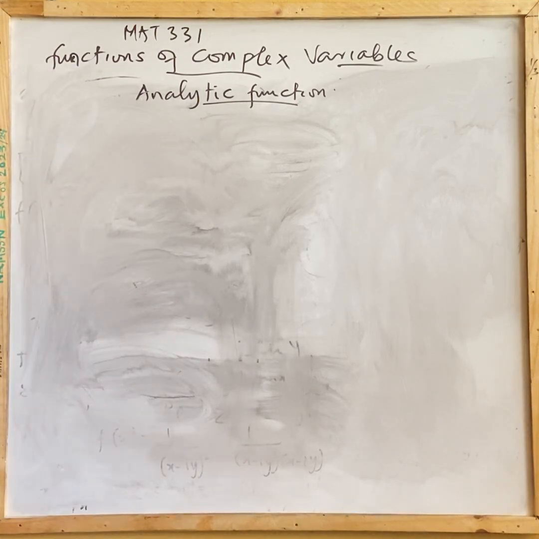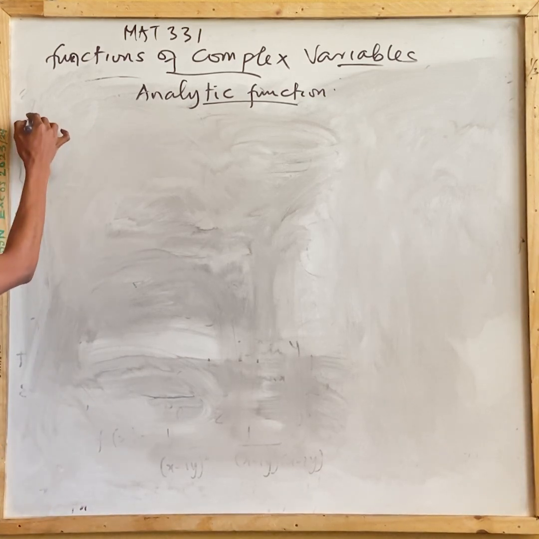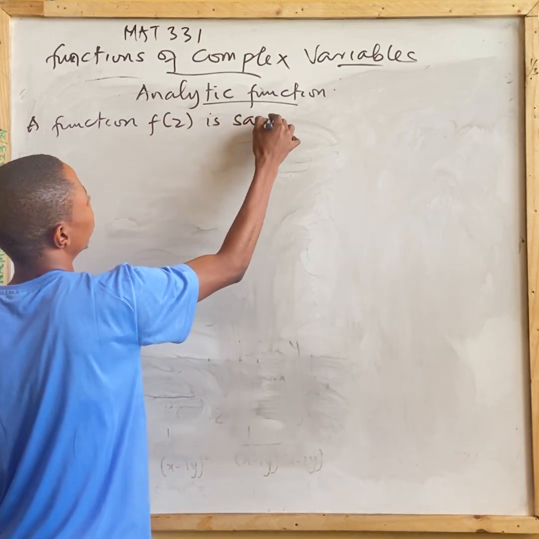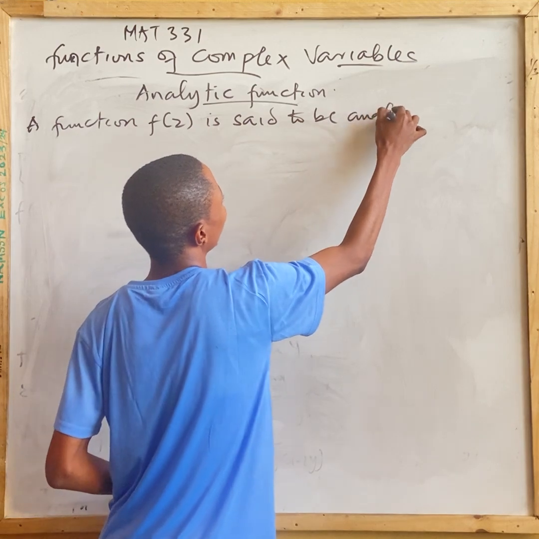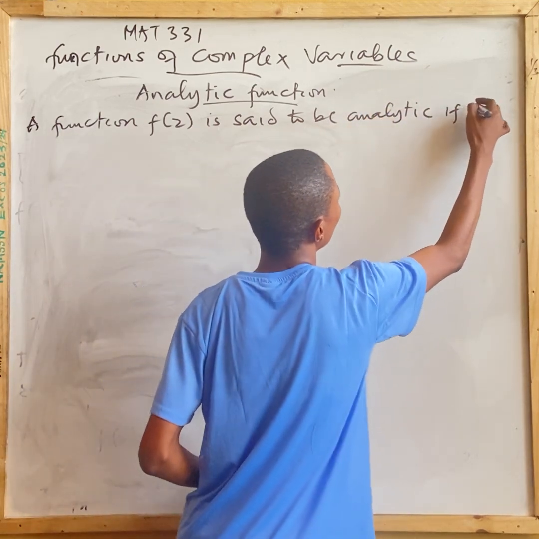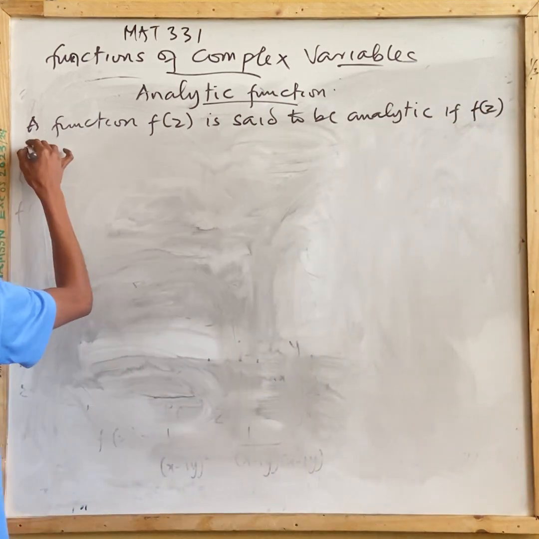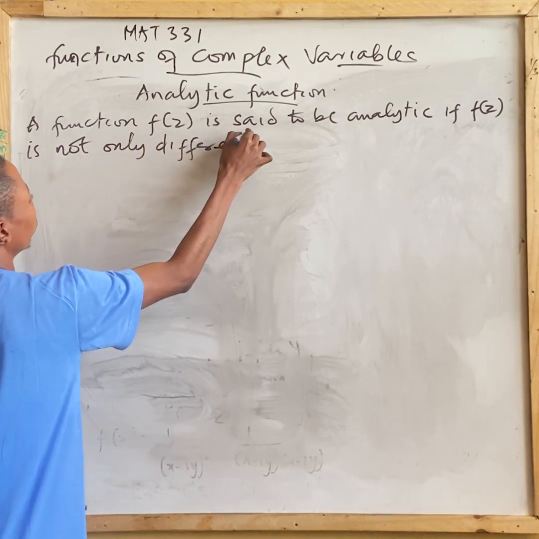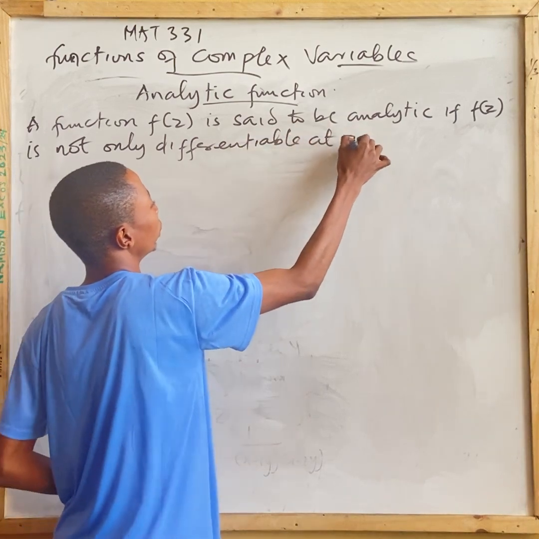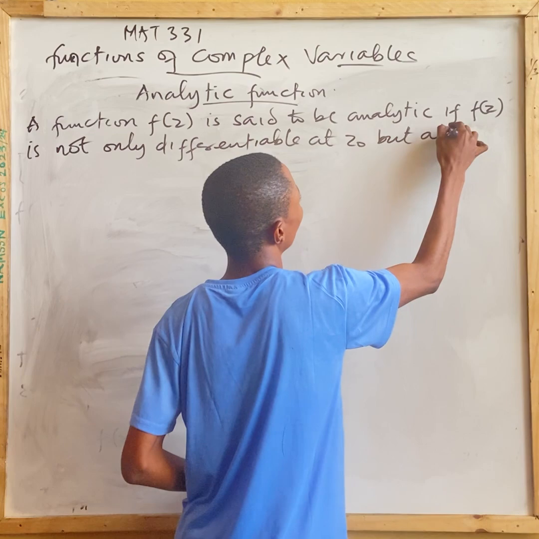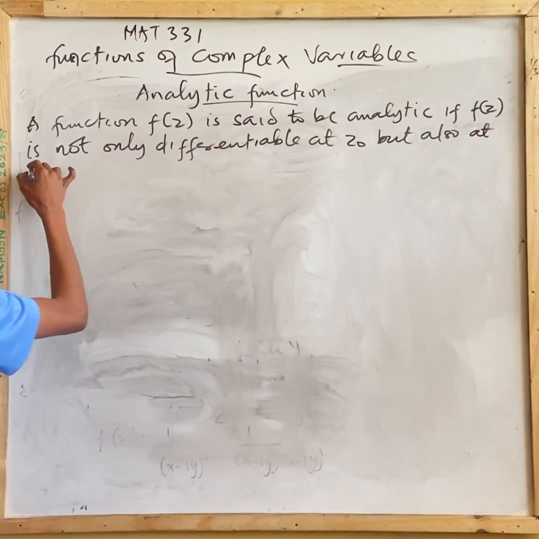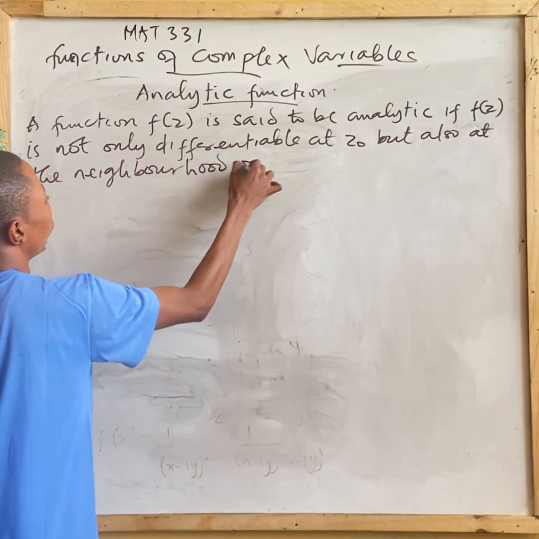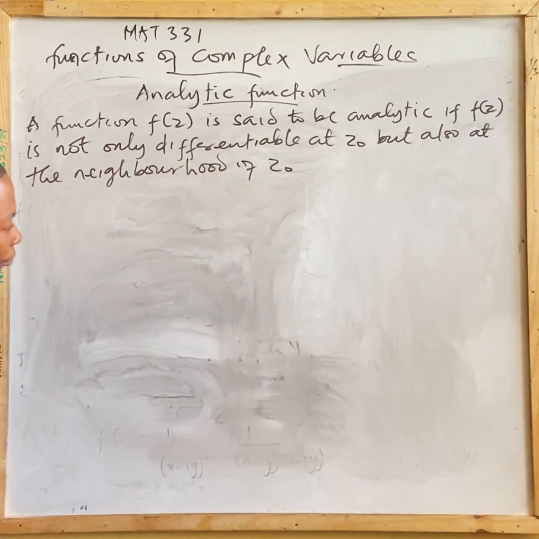So when a function is said to be analytic, a function f of z is said to be analytic if that function f of z is not only differentiable at z naught, but also at the neighborhood of z naught. What's the meaning of all this?